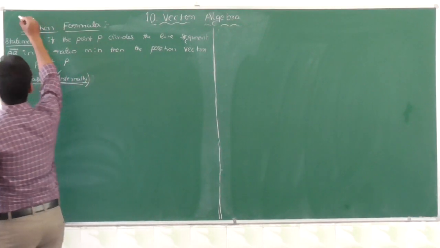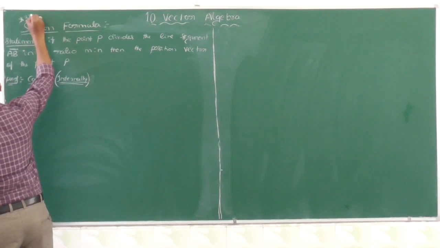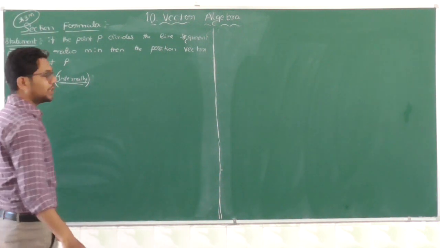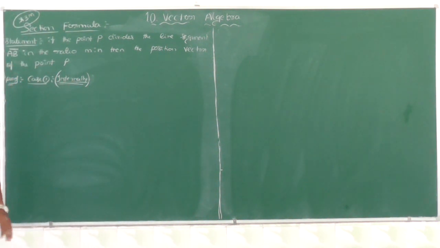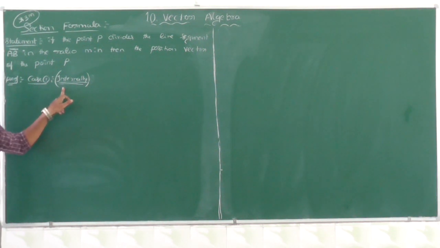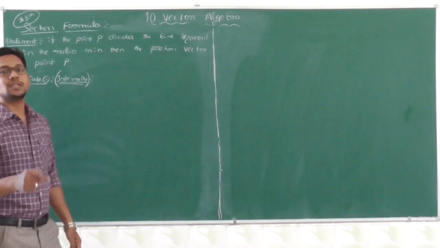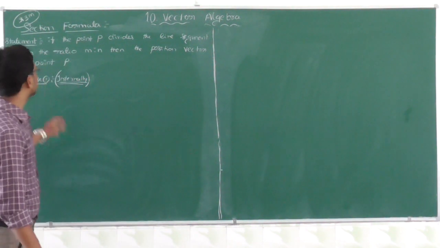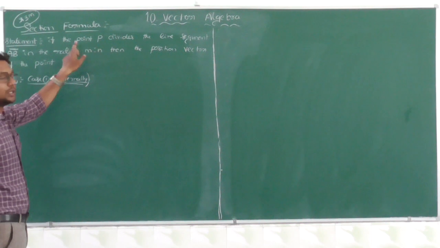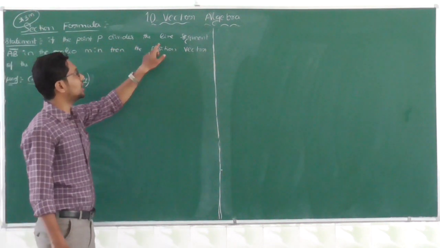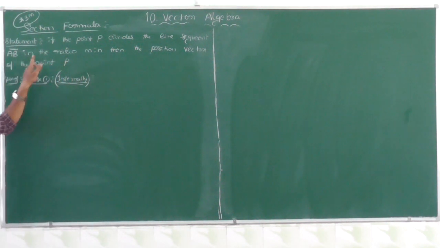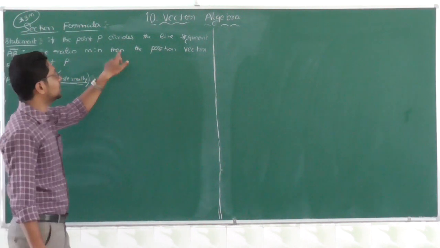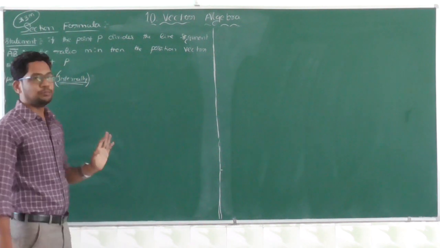Section formula is very important for the point of examination for 3 marks. Kindly do not neglect this section formula. You have to practice. Okay. So in this section formula we have two cases, case 1 and case 2. First case is internally, second case is externally. Here we have the statement: if the point P divides the line segment AB in the ratio m:n, then the position vector of the point P is.